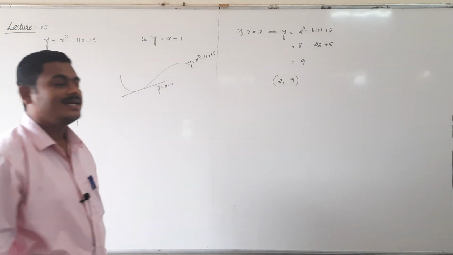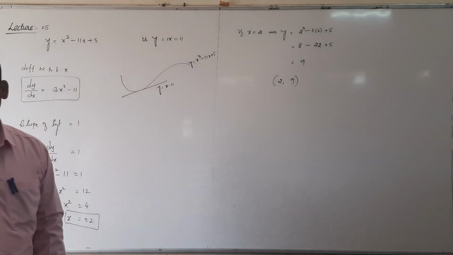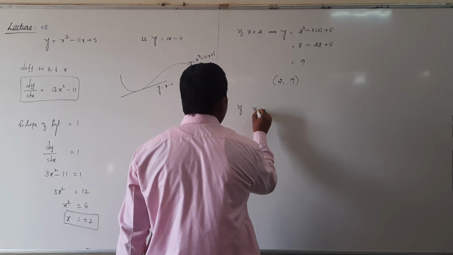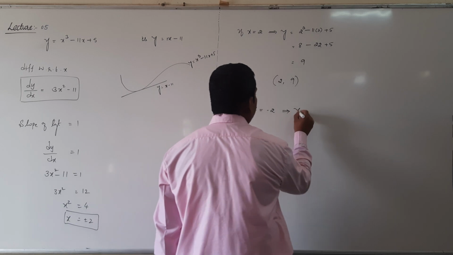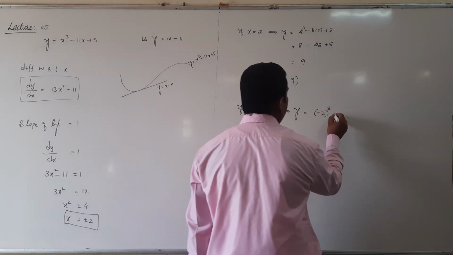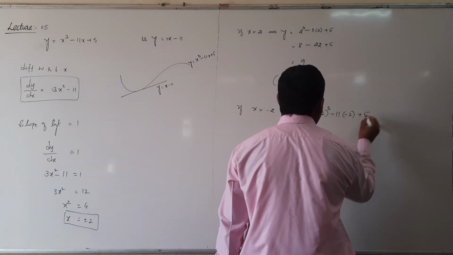If you draw the tangent line at this point, then clearly its equation is y equal to x minus 11. Then the second case, if x equal to minus 2, then what is the y value? Then y is equal to minus 2 cube minus 11 into minus 2 plus 5.